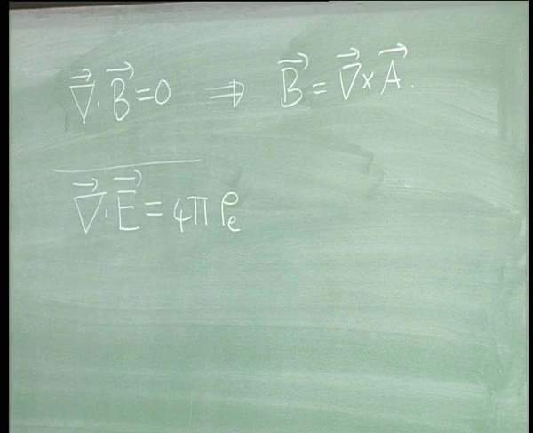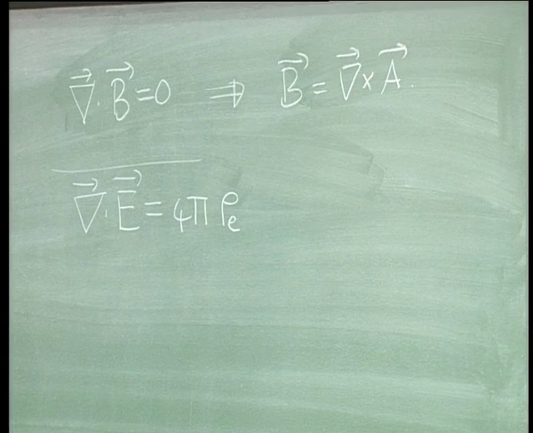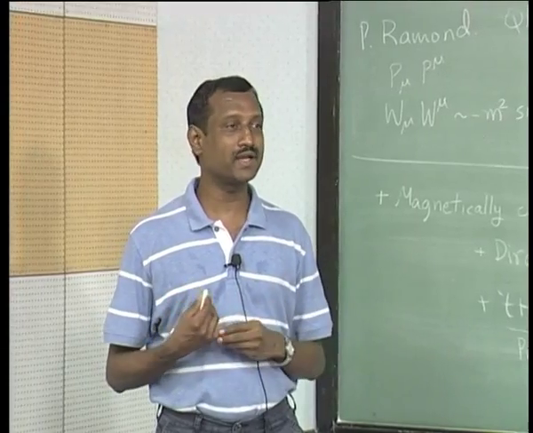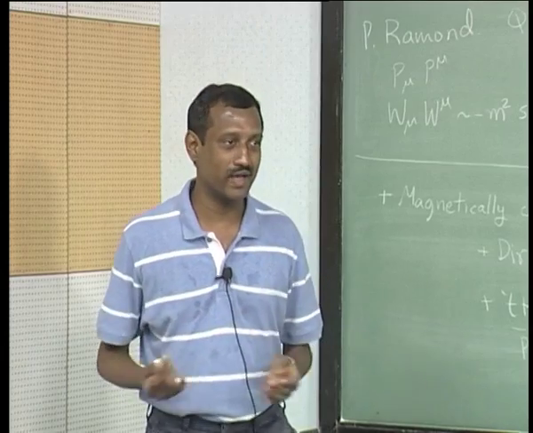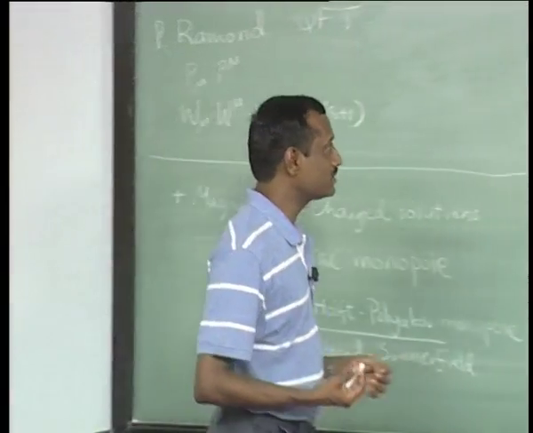So, if somebody asks you if there are magnetically charged objects, how would you modify Maxwell's equations?